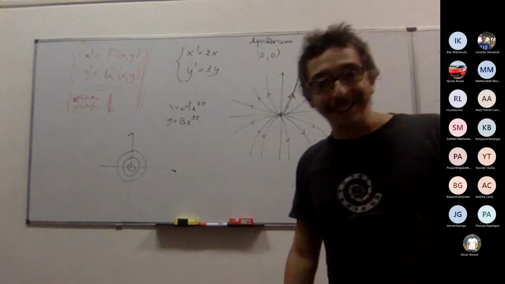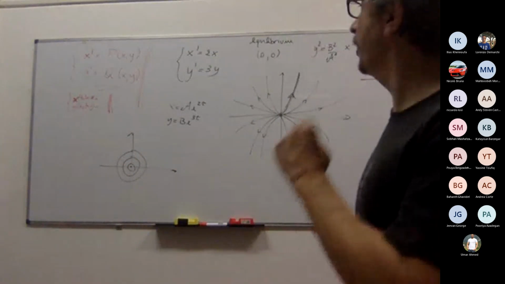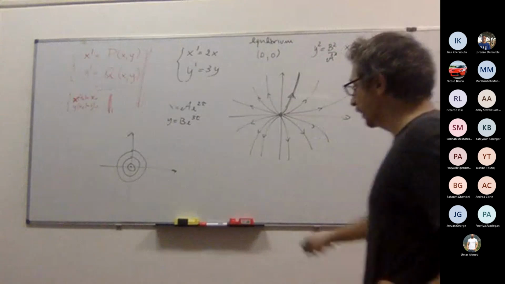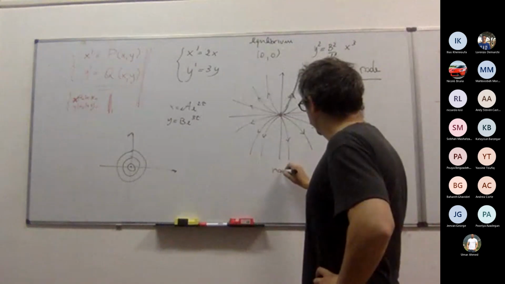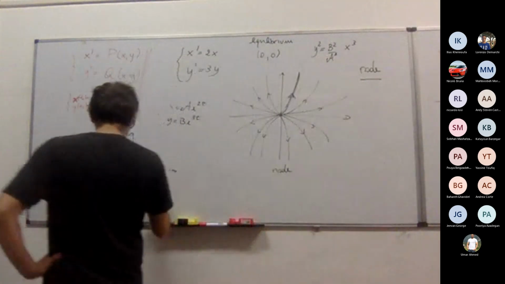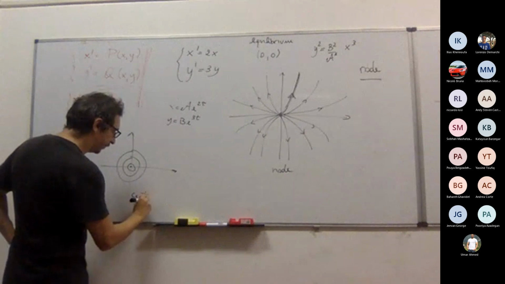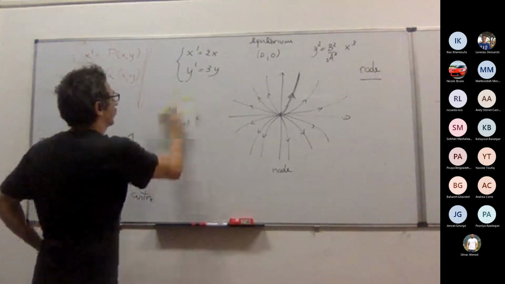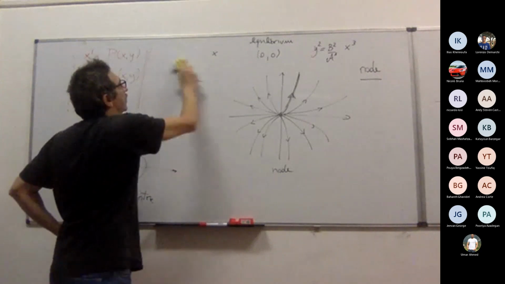Actually, for linear systems, there are other two kinds of critical points. So this is a node. This is a center.